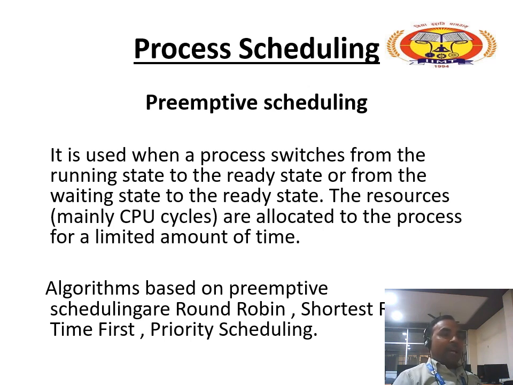Clear? In this case the process state may change, as I told you, from running to ready. If the process is in the running state, it will go to the ready state because another process is being executed, or it may go to the waiting state. So in this case the CPU is switching. In other words, when the CPU is switching, this is called preemptive scheduling.